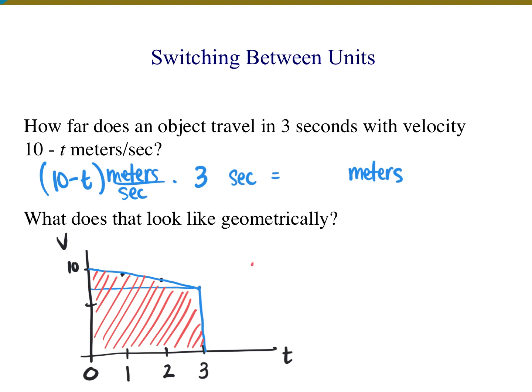So our area here is 1/2 of h1 plus h2. So it's the average of the 2 heights times the base. And so in this case, that works out to be 10 plus 7 times a base of 3.